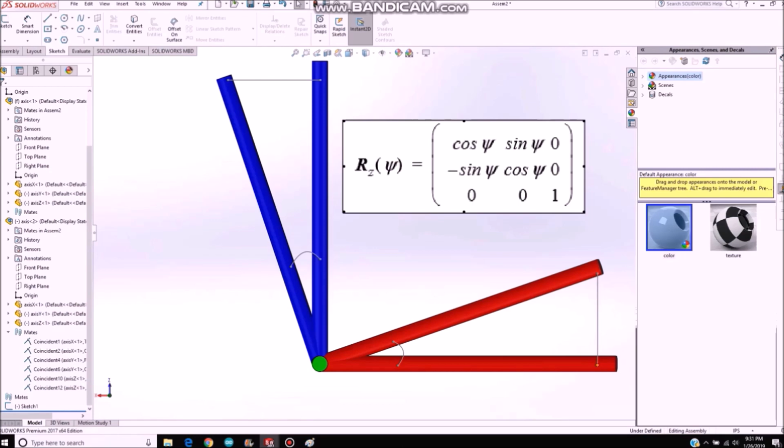In this case it's cosine psi, and the next element is sine psi, which is the y contribution to x. And the last element is 0, because that's z's contribution to x, which is no contribution.